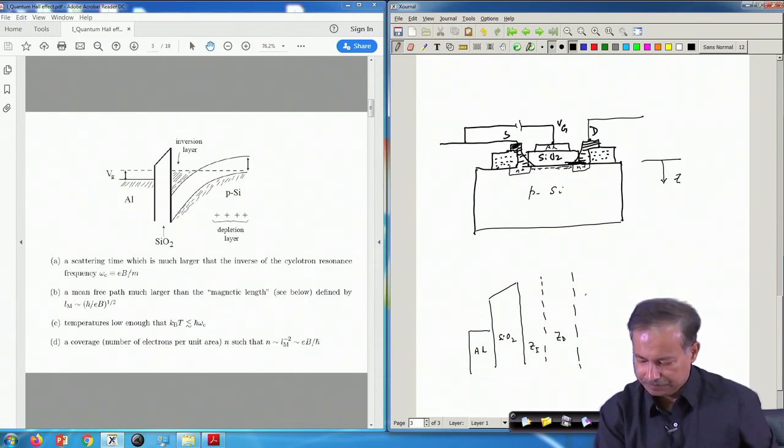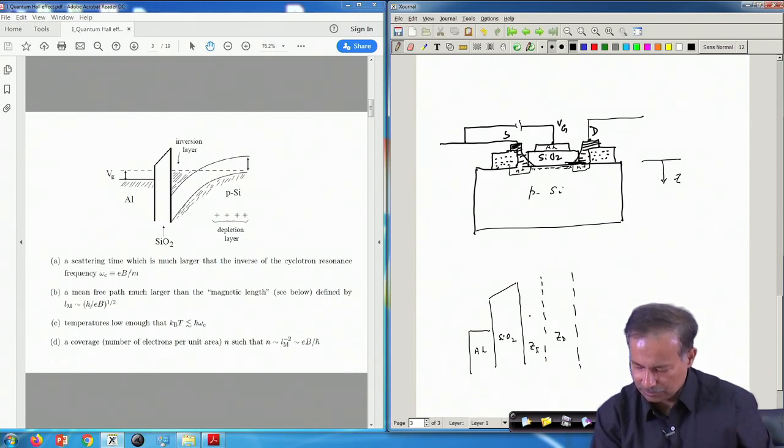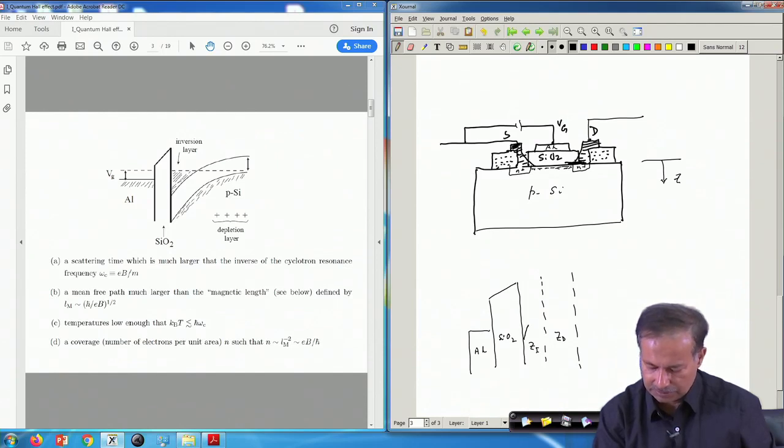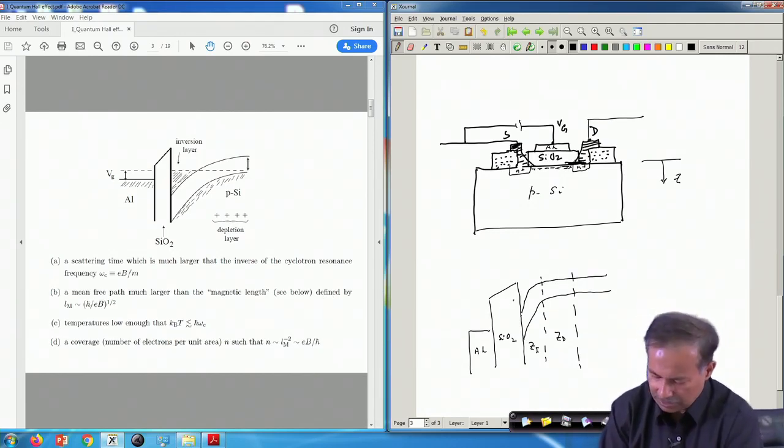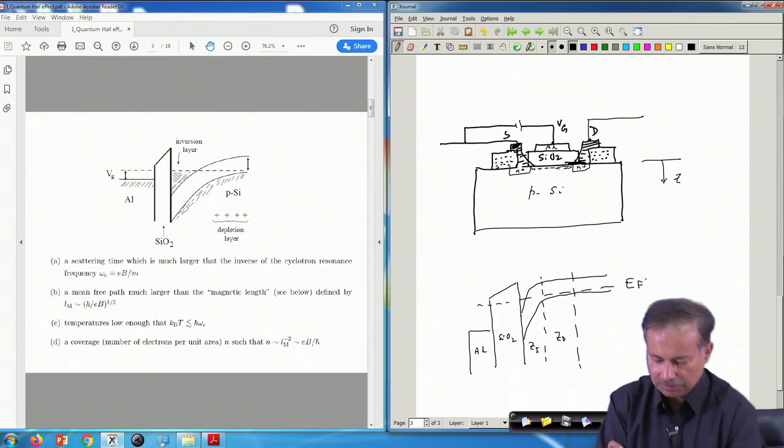Let me just plot first and then I will show you what I mean. So, I have the valence band bends and the conduction band which is like this, and this is where the EF is, somewhere the Fermi energy is.